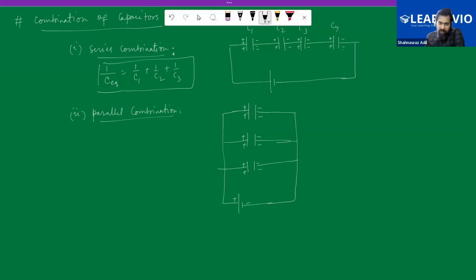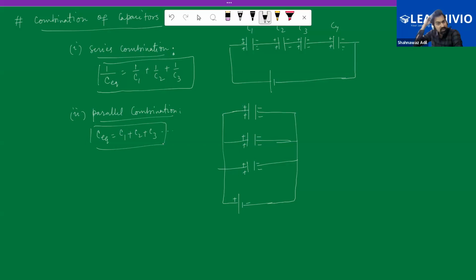So all the positive terminals are connected to the positive terminal, and all the negative sides are connected to the negative side of the battery. So in this case, C equivalent is simply C1 plus C2 plus C3 and so on. So this is the effective capacitance, right? Equivalent capacitance.